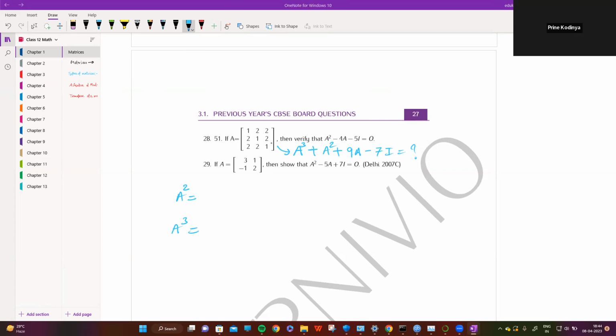Can somebody verify what is A square? What is A square?